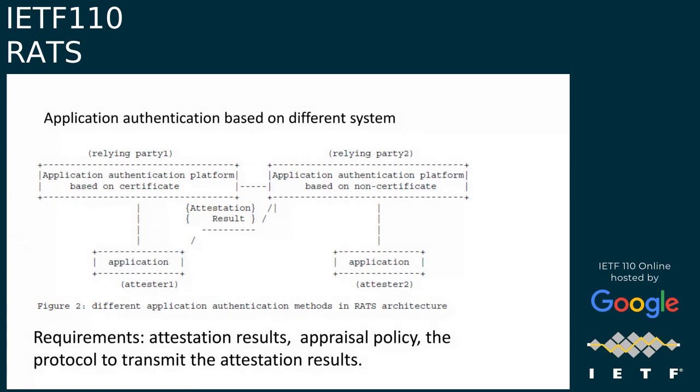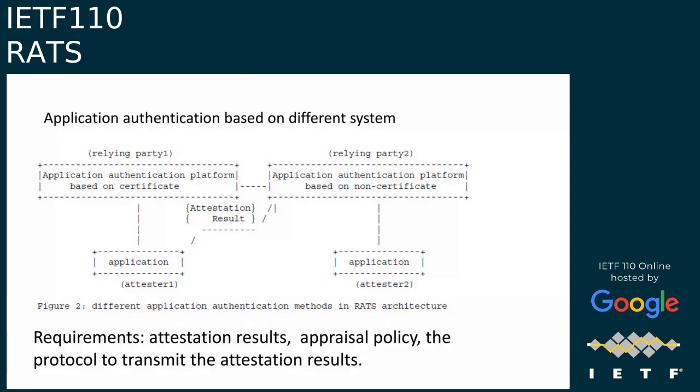The second consideration is from the application level. As we all know, given the limitation of resources, many applications need operators to provide business authentication service. We simply divide them into certificate-based and non-certificate-based. So when cross-business authentication is required, can we use RATS to prove one's identity to the other?